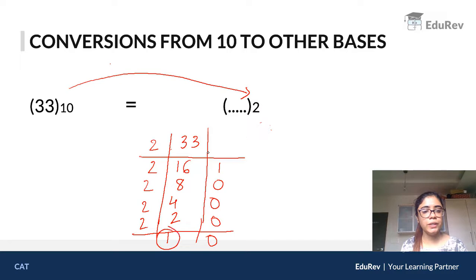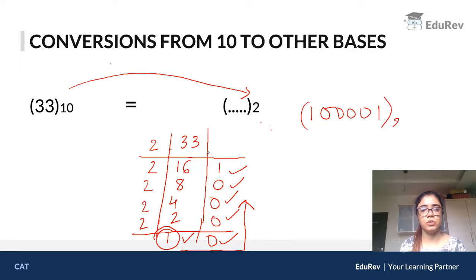I'll start with this and I will move in this manner. Okay? So 33 to the base 10 is nothing but 1 0 0 0 0 1, that is 1, then 4 zeros and 1, to the base 2. So this is how you define 33 in the binary system.